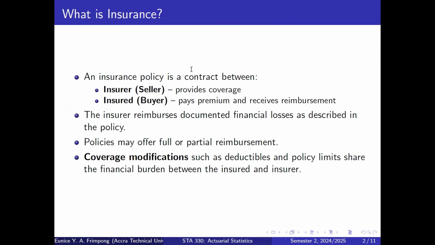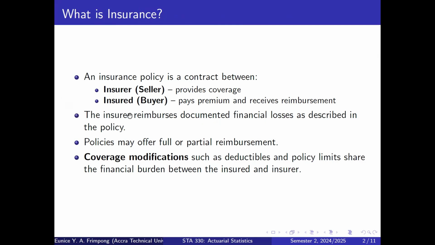An insurance policy is a contract between two parties, the insurer, who provides financial coverage in the event of a loss, and the insured, who pays a premium and receives reimbursement if a covered event occurs.